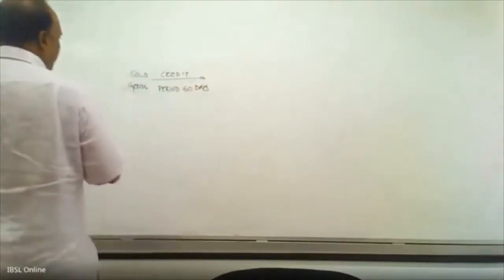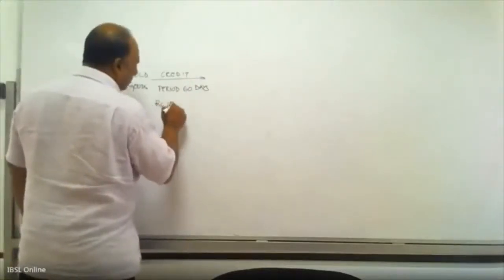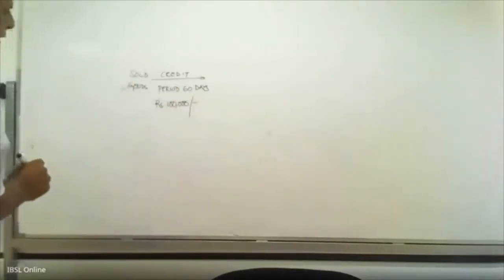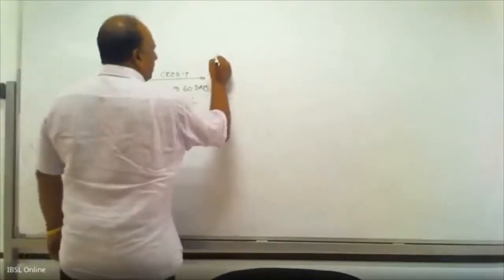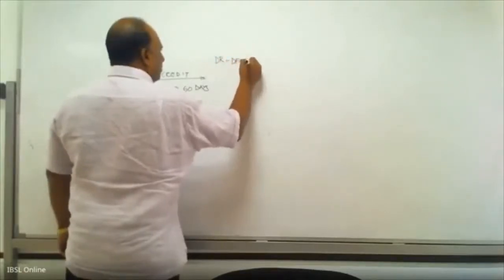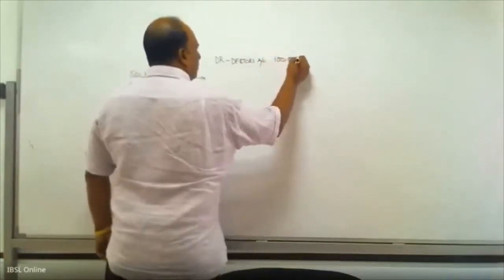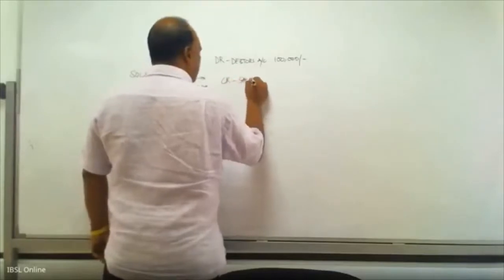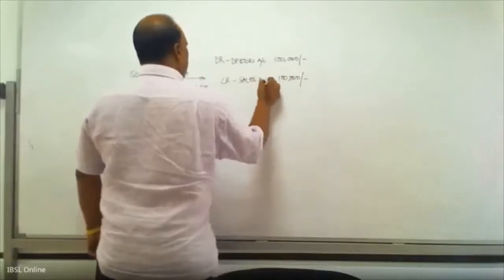So you are expecting, let's say, rupees 100,000 to be paid by a debtor. What you would have done is debit debtors 100,000 and credit sales 100,000.